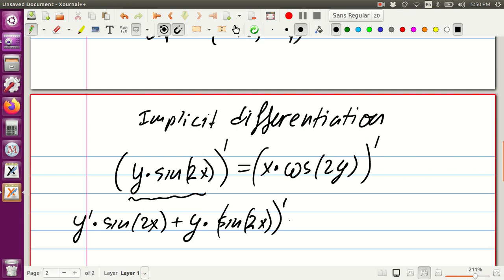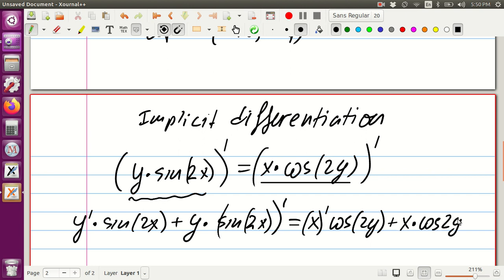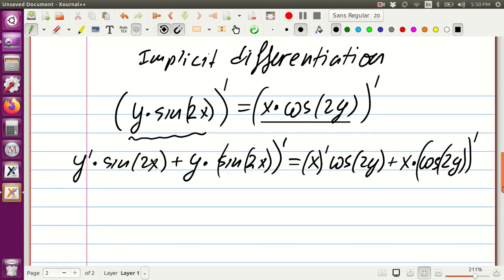Let's look at the right side. On the right side we also have a product of two terms, x times cosine. So the product rule says take the derivative of x, multiply by the cosine, add x times the derivative of cosine. So we accomplished the product rule. Now we look at the primes. We have a prime over here, but this derivative we can't calculate because we don't know what function y is. So we're just going to keep it as y prime.